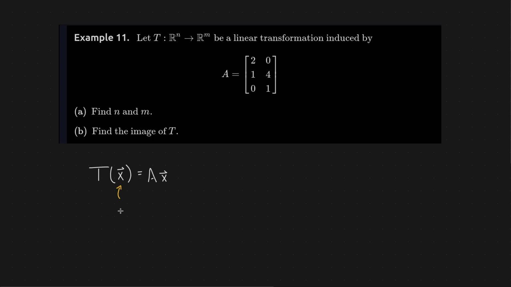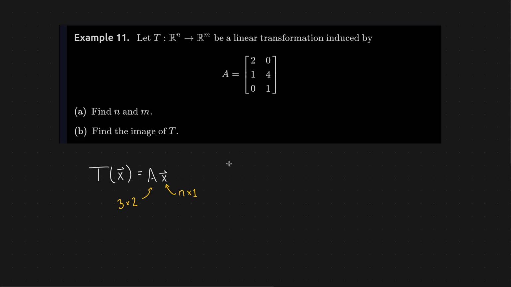So x should be an n by 1 vector, an n by 1 matrix, n rows, 1 column. A, we can see right here, is a 3 by 2 matrix, 3 rows, 2 columns.